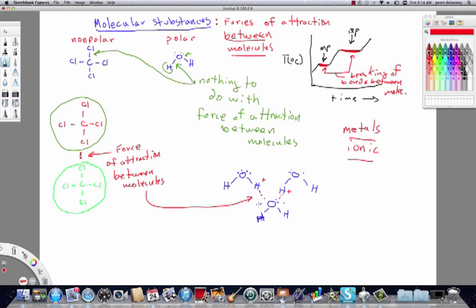So these little electrostatic opposite charges get lined up like this in water. So again, I want to emphasize that the forces between the molecules in both cases look like this.